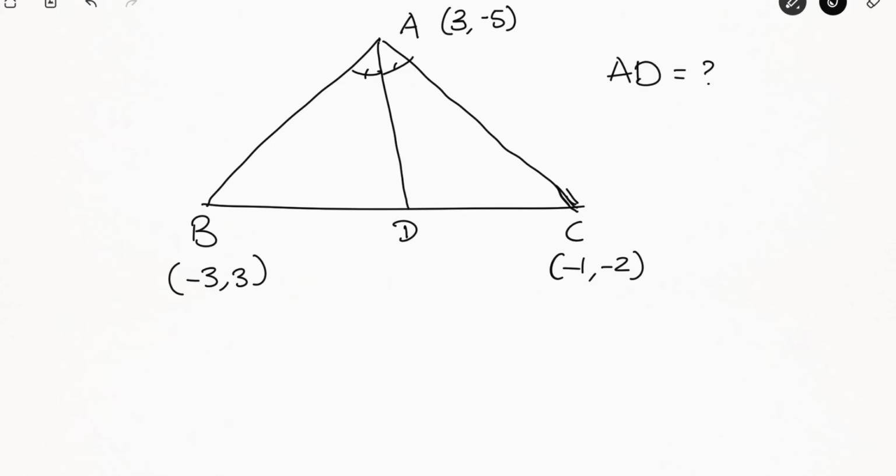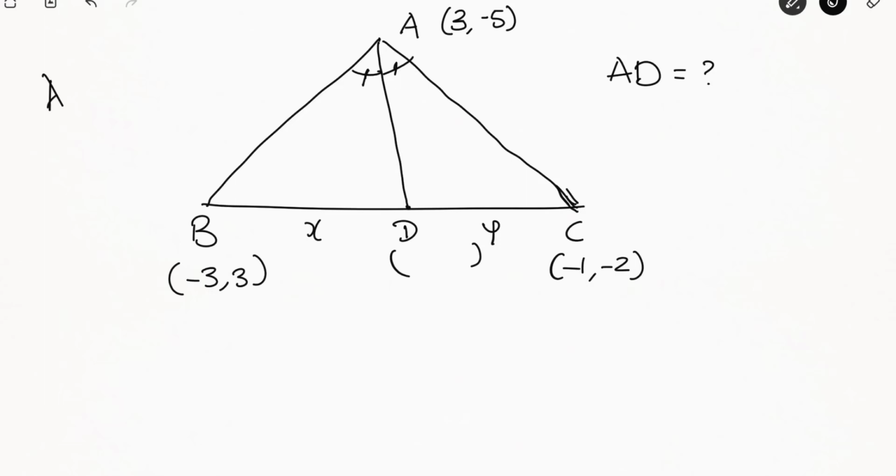The length of AD we have to find, and given that this is the angle bisector, and if you remember the angle bisector theorem, if this portion BD is X, DC is Y, and AB and AC are given, you can easily find the ratio in which this point is dividing line segment BC, and once we know the ratio we can easily figure out the coordinates, right?